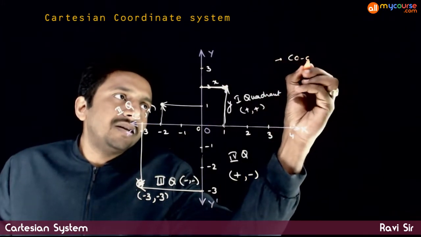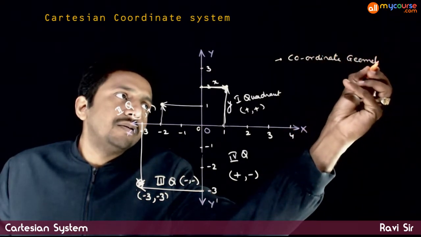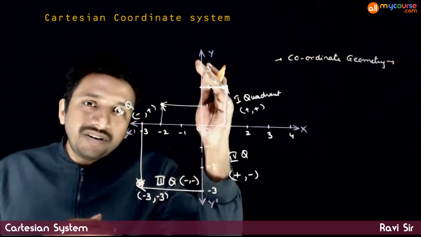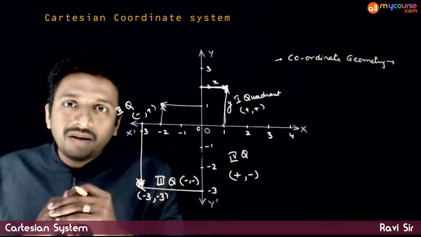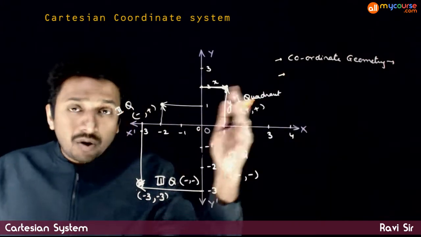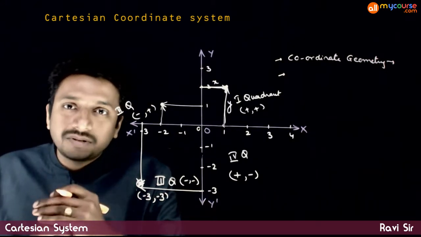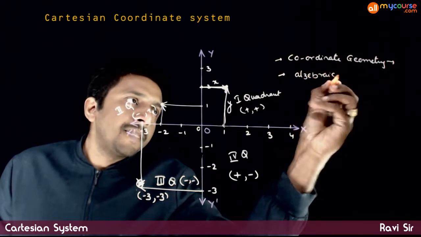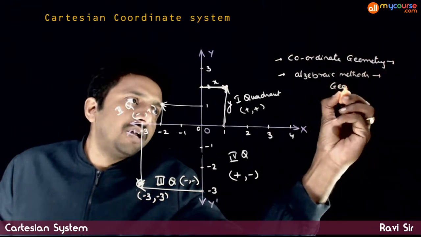Coordinate geometry is a branch of mathematics where different curves are studied by representing the points on them with Cartesian coordinates. So in coordinate geometry, we employ algebraic methods to solve geometric problems.